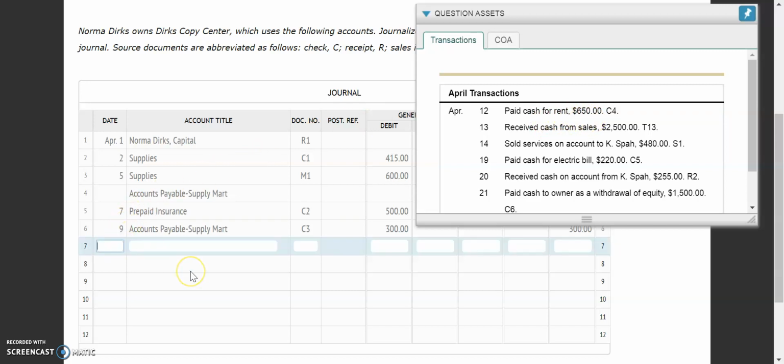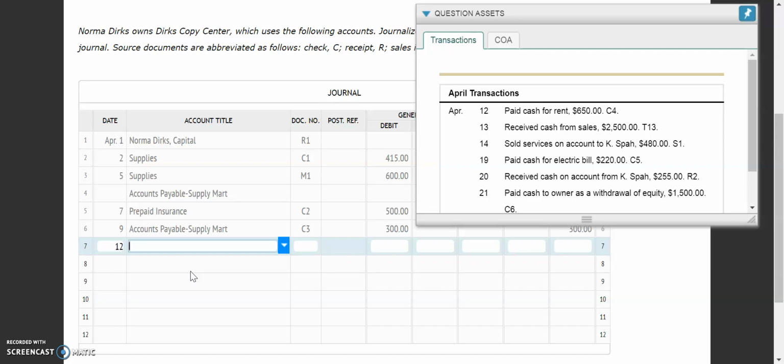So we come on over here, as I talked about yesterday, since it's not the first line of the journal, we do not need to have the month April. So we just put the date of the 12th, and then we need to discern what's going to be our debit. I always, again, look to cash. If we paid cash, it's a cash credit. If we received cash, it's a cash debit.